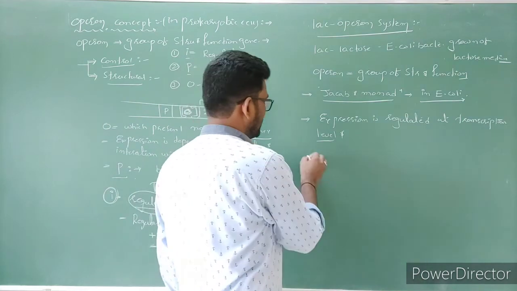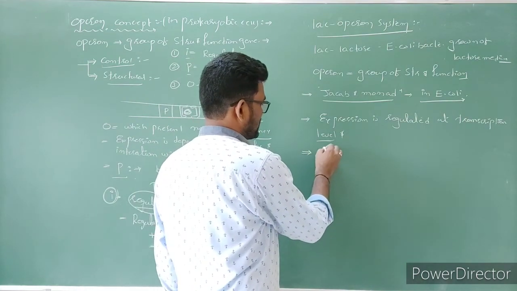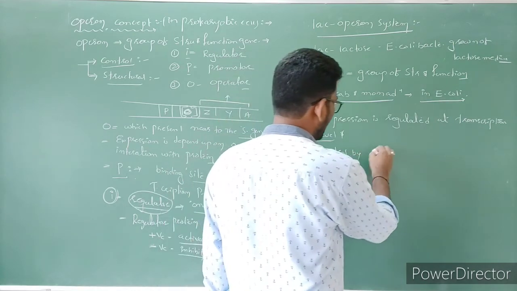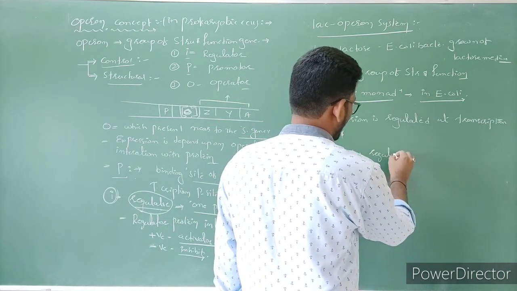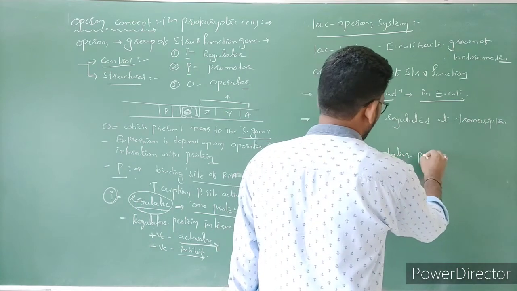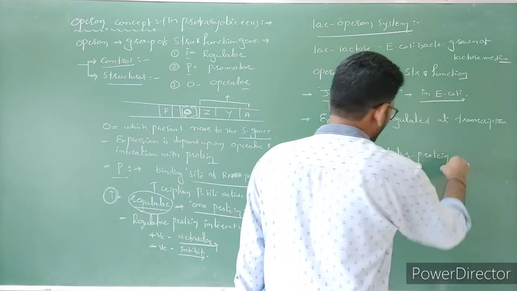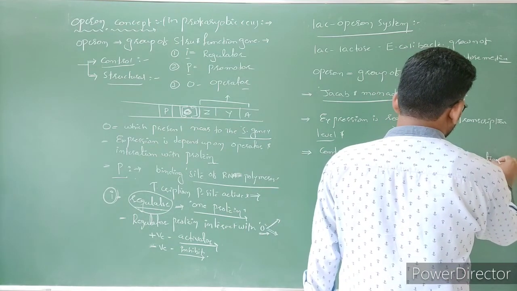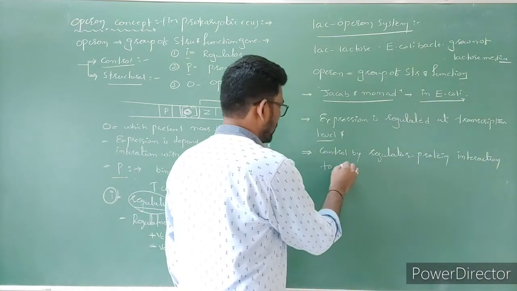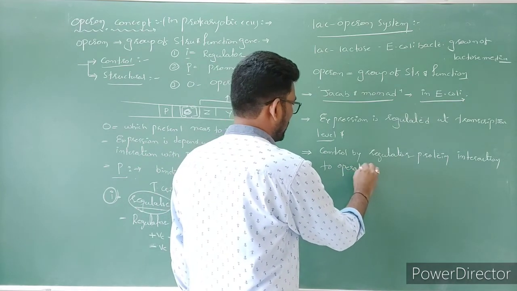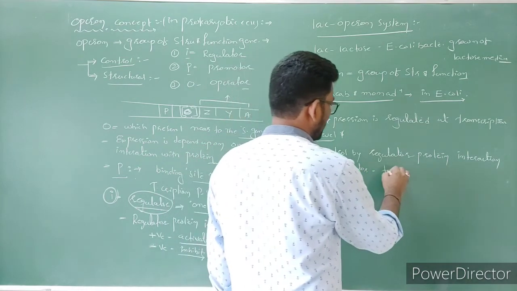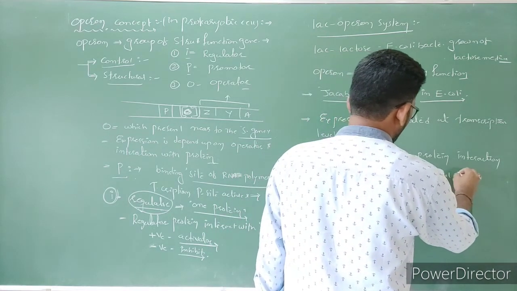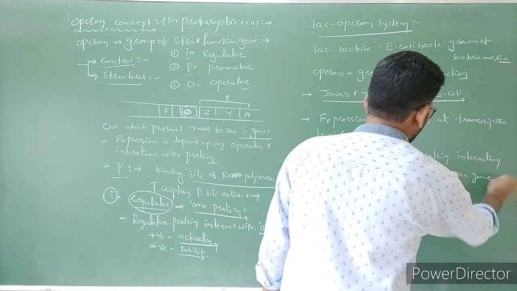Next, the expression is controlled by a regulatory protein interacting with the operator to stop or control the gene expression.